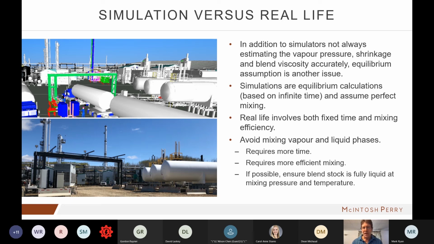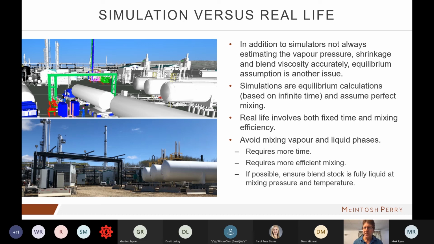And if you run into vaporization, again, what the simulator told me was no problem. Even though the blend stock partially vaporized, it didn't matter. The blend itself was all liquid all the way out to the tank, no problem. In real life, that didn't happen. We actually had vaporization coming off the tank and into a VRU.